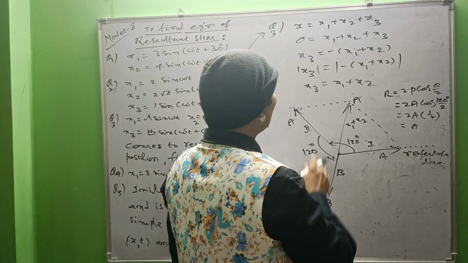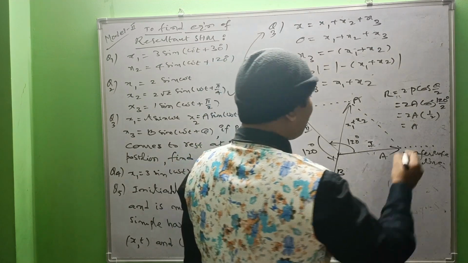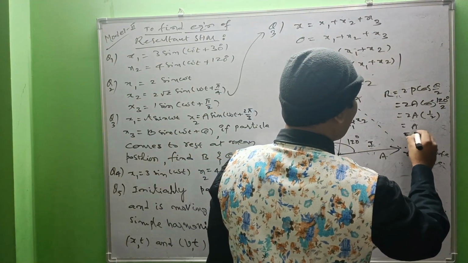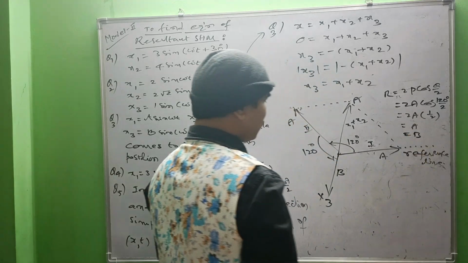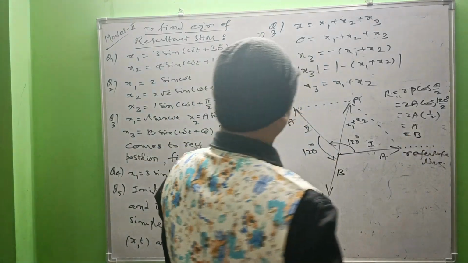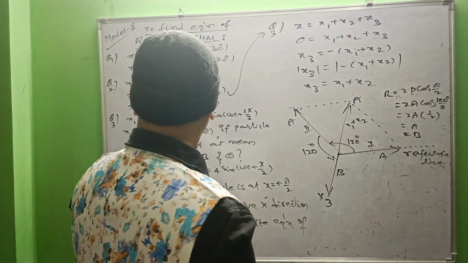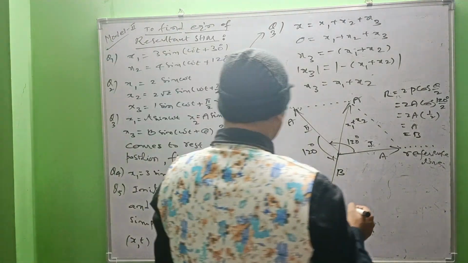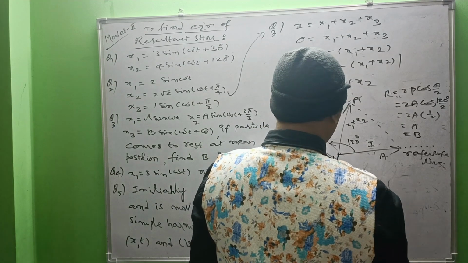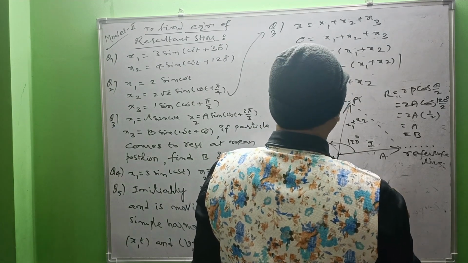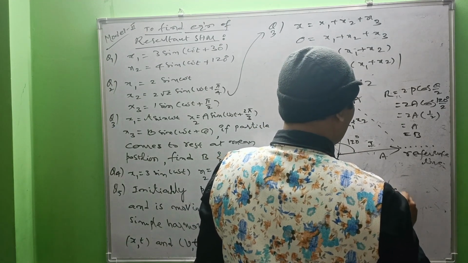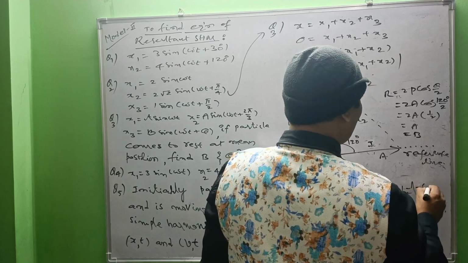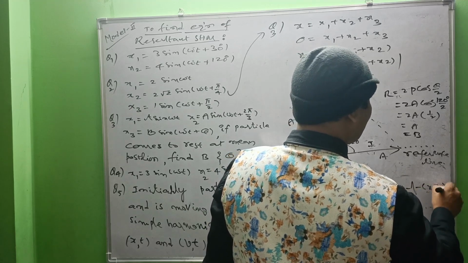Therefore, B also equals A. So B equals A. So what is the expression for x3 here? Find the value of B and theta. The value of B, therefore, as mod x3 equals mod of minus (x1 plus x2).